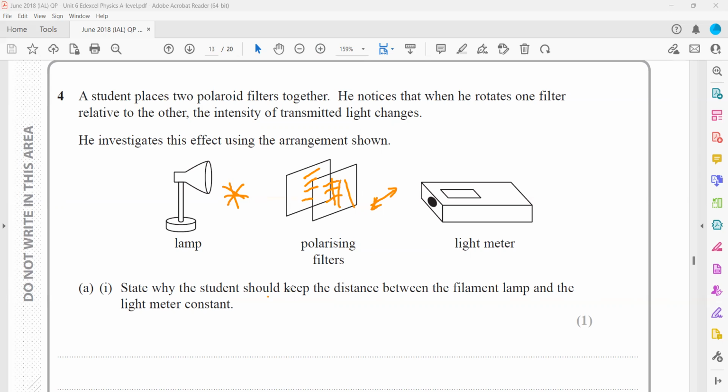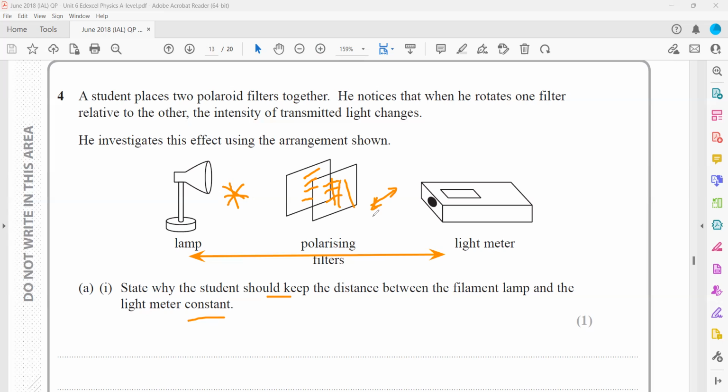State why the student should keep the distance between the filament lamp and the light meter constant. Why should this distance be constant, why should he not change it? Because if we rotate the polarizing filter, that will change the light intensity. And if the distance between the light source and detector changes, that will also affect the light intensity.